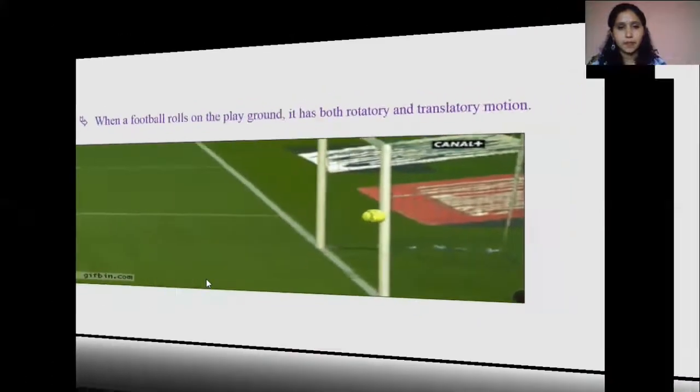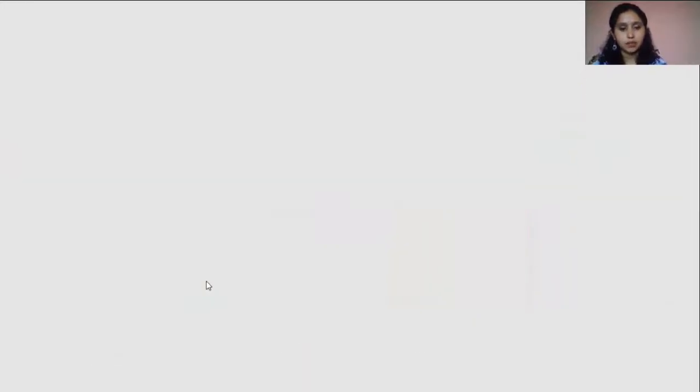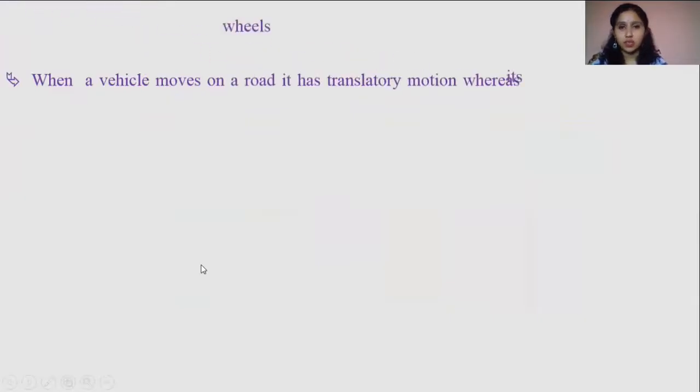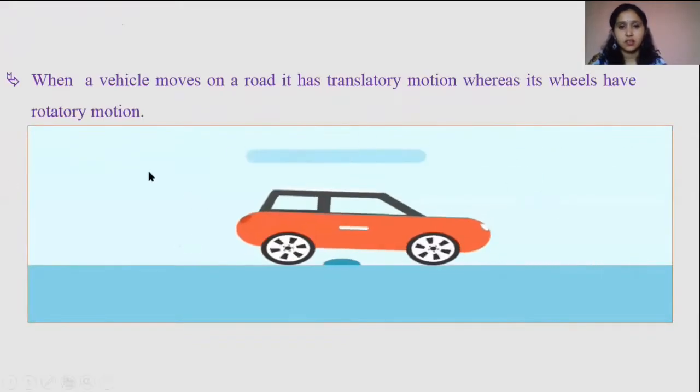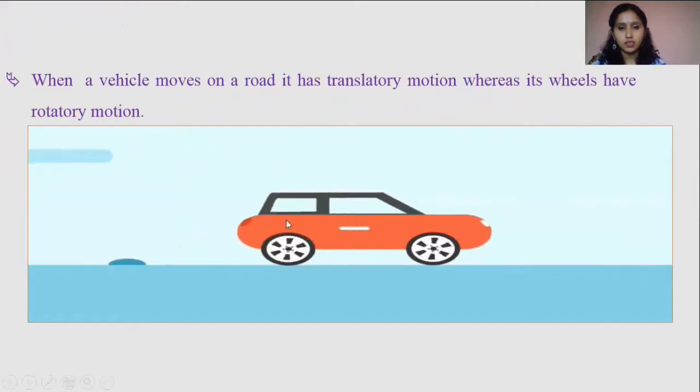Similarly, you can see another example here. When a vehicle moves on a road, it has translatory motion, whereas its wheels have rotatory motion. You can see this car moving on the road. If we see only the car, it has translatory motion, as the whole car is moving on the road.